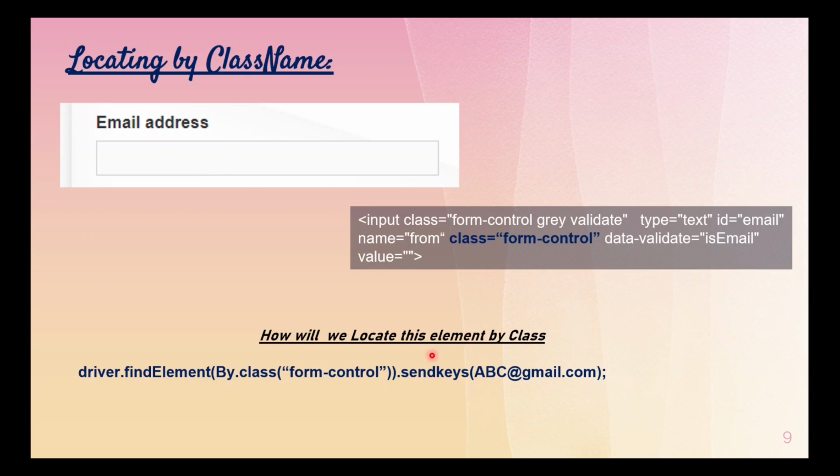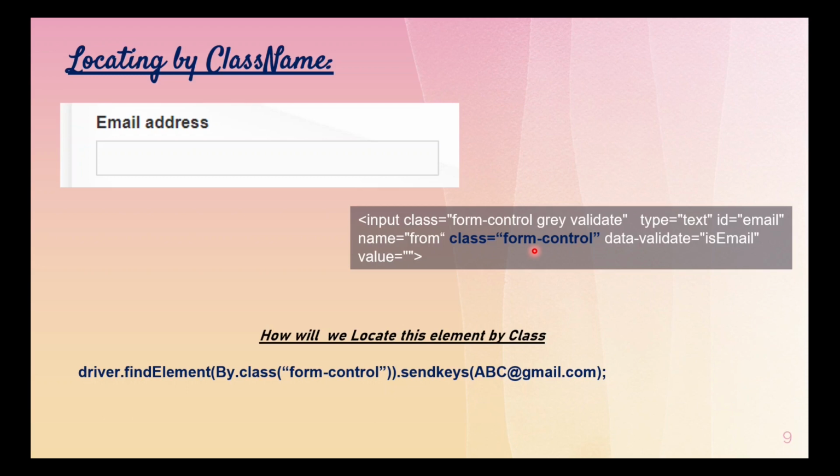It's similar to ID and name, there's no such difference. But one thing is that the class name value, form control, can belong to multiple elements on a web page. It's not unique, whereas the ID is a unique value given to each element.